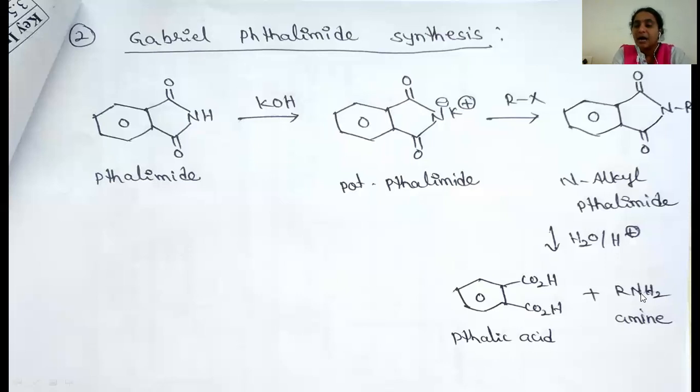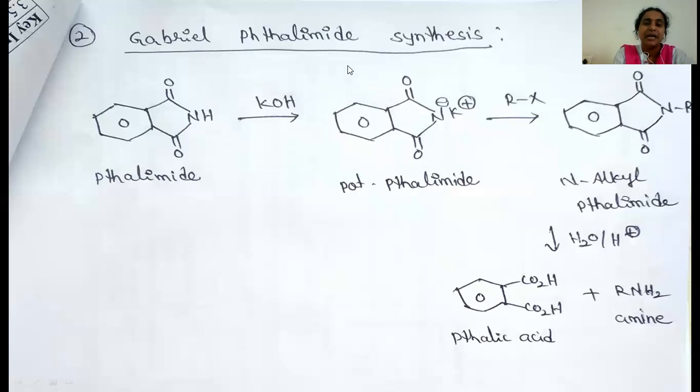The amine structure depends upon which alkyl halide we have taken. Suppose we have taken methyl halide, then it produces methylamine. If we take ethyl halide, then we will get ethylamine. Like this, we can prepare primary amines by using the Gabriel phthalimide synthesis.